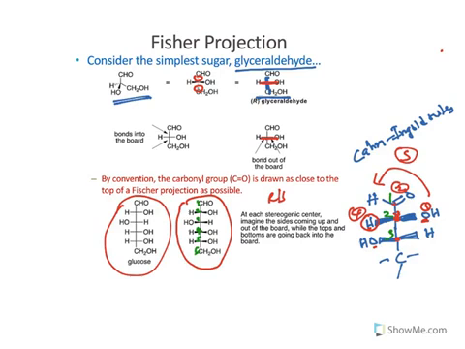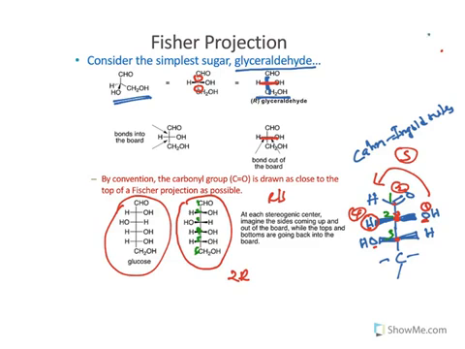So that means we need to flip this molecule so that the lowest priority is facing away. So then it implies that the configuration at position 2 is going to be R instead of S.